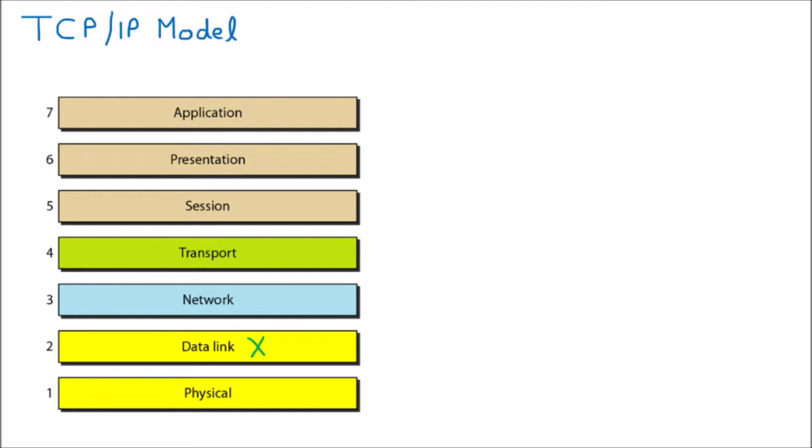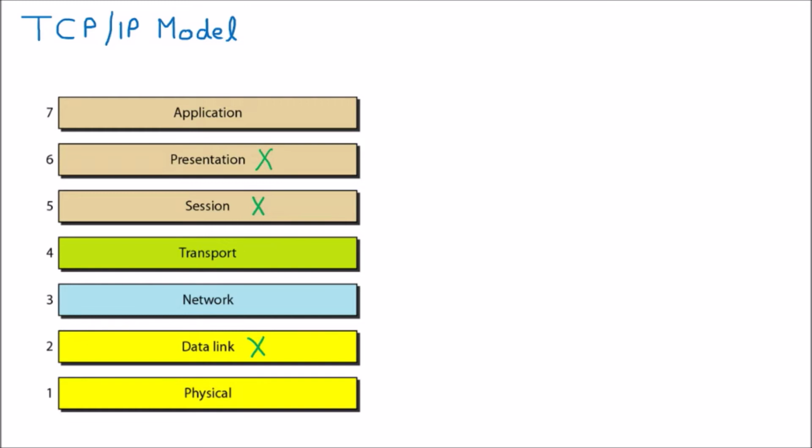Similarly, the session layer and presentation layer are not doing much extra task, while the application layer is doing authentication, authorization, network virtual terminal, so many tasks. So it did not work properly.